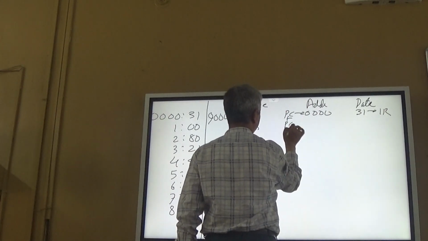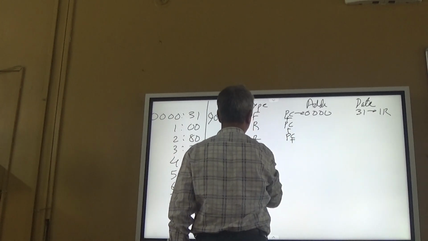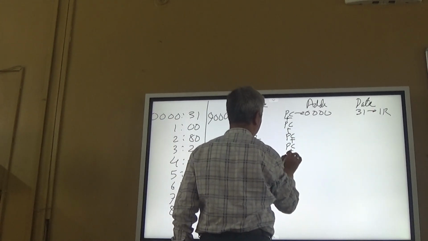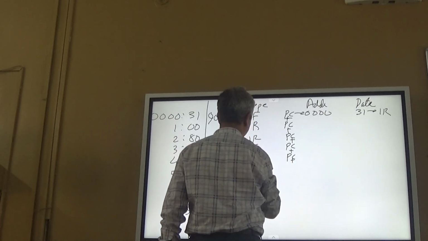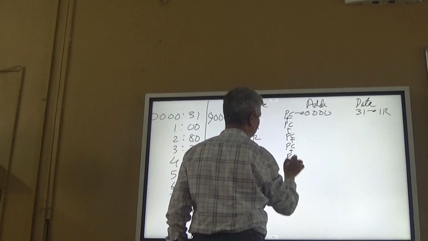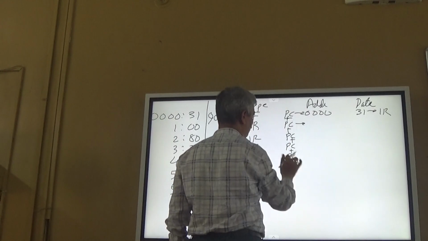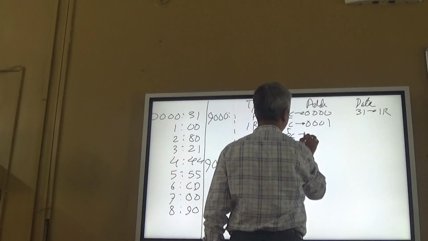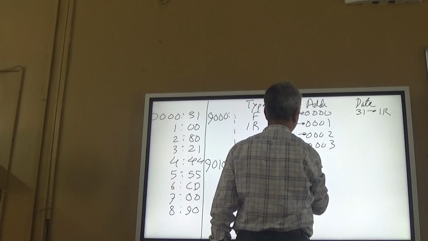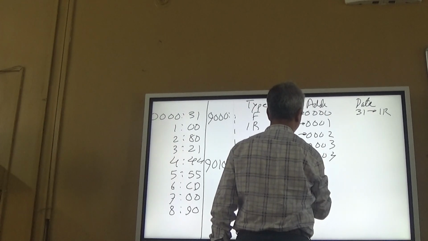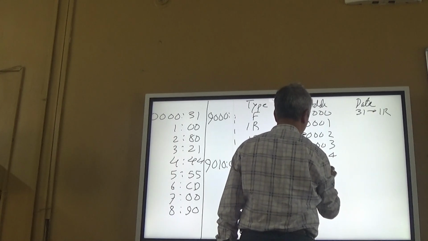Instruction read, program counter, fetch program. Each time, you should know that when it is instruction read, program counter plus 0, 0, 0, 1, 0, 0, 0, 2, 0, 0, 0, 3, 0, 0, 0, 4, 0, 0, 0, 5.